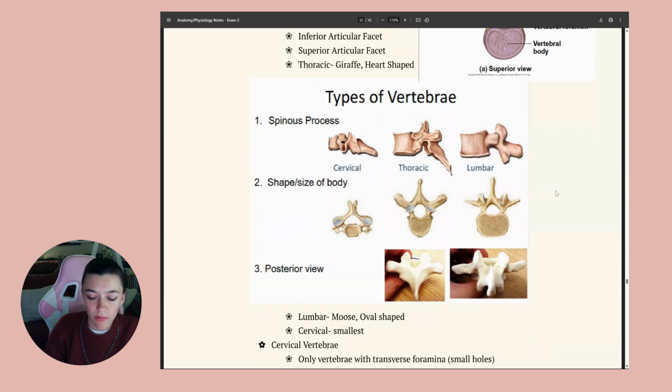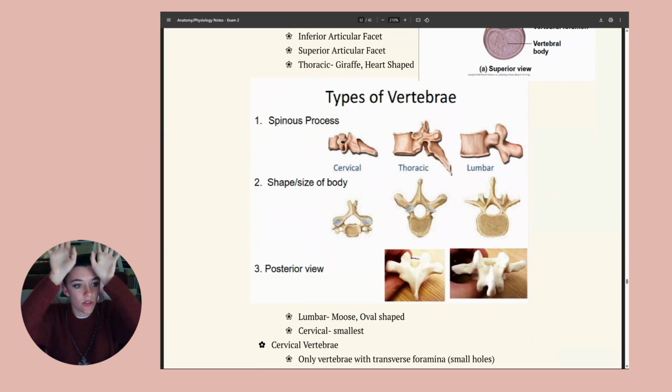Remember, that's the lowest. That one's going to look like a moose when you look at it. It's going to have things going out in all directions, not just a cute little giraffe with its horns and ears. This has whole antlers to it. And then your cervical, you can tell because it is so teeny compared to the other ones.